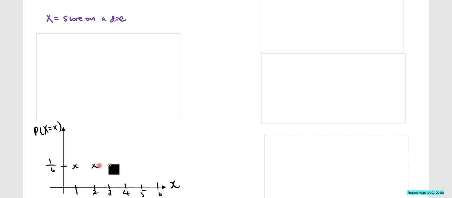This represents the probability distribution of x. I don't think anybody will dispute. This is what we call the probability distribution.